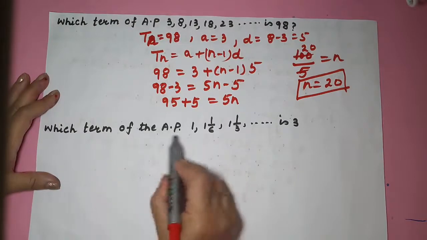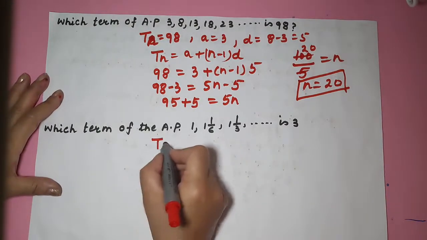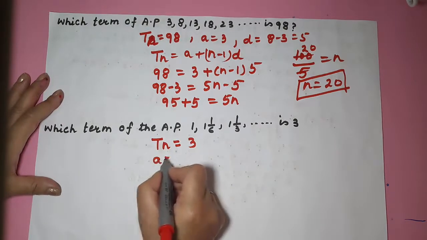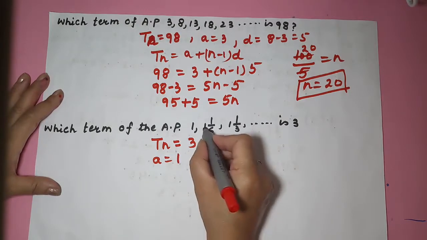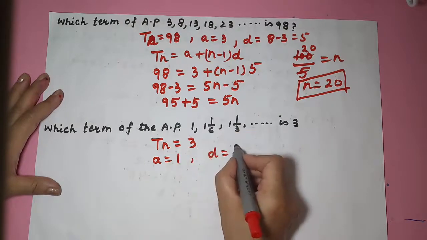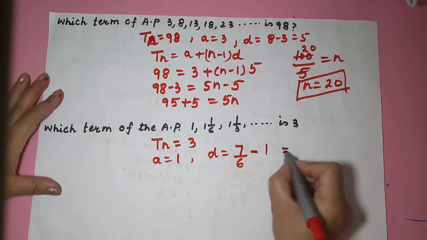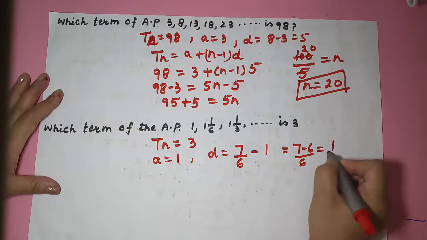Same here, which term of the AP is 3? So your Tn, you can say, is 3. What is your A? A is 1. What is your D? D is 7 by 6 minus 1. How much is that? 7 minus 6 upon 6, which is 1 by 6.